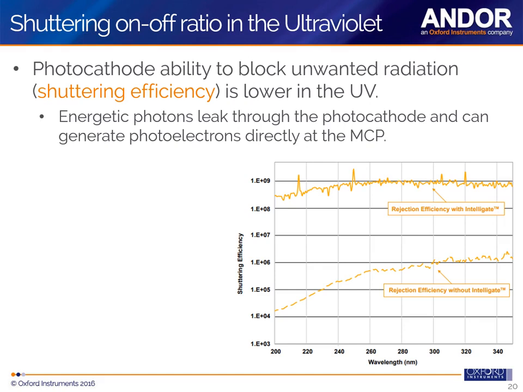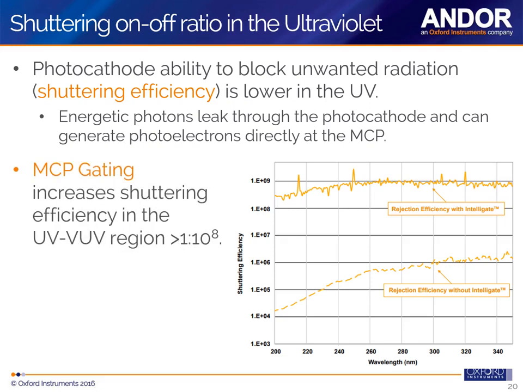Simultaneously gating the MCP and the photocathode gets you back from an on-off ratio of about 10 to the power 4, 10 to the power 5, to about 10 to the power 8, 10 to the power 9. The MCP gating is therefore useful to increase the shuttering of radiation in the UV, where you have a lot of scattered UV photons.